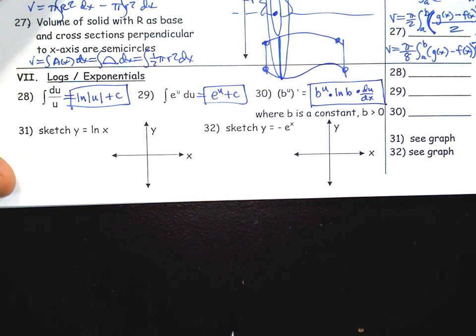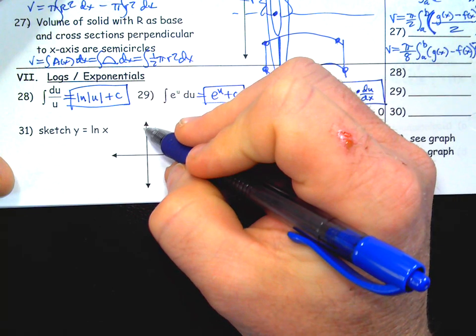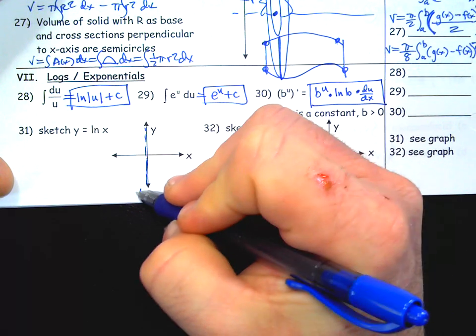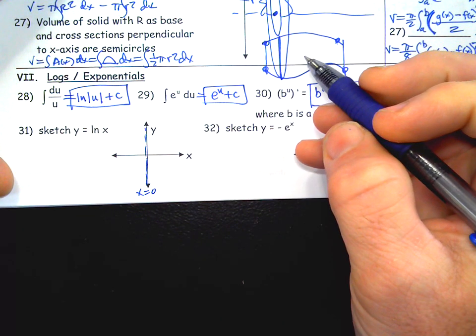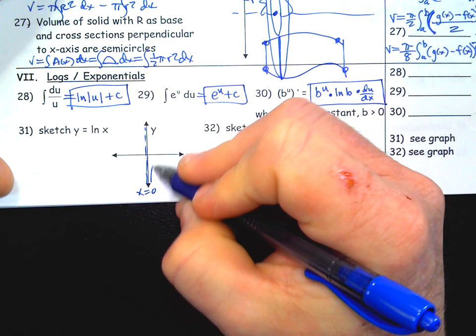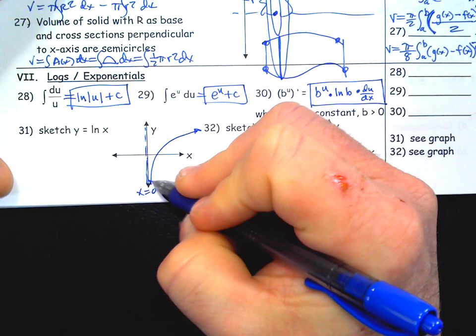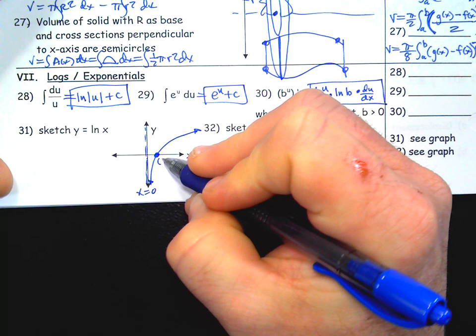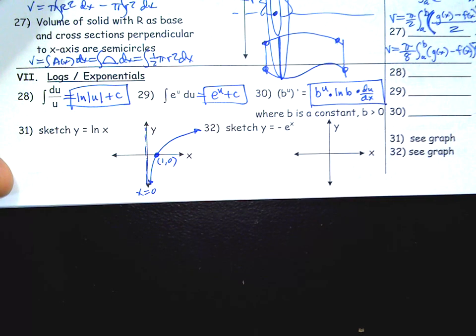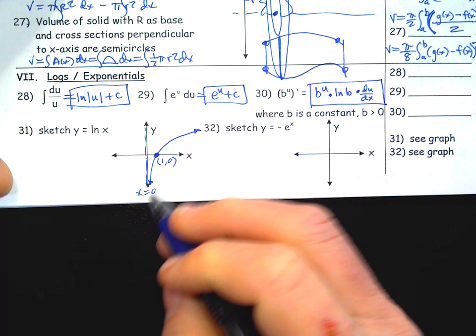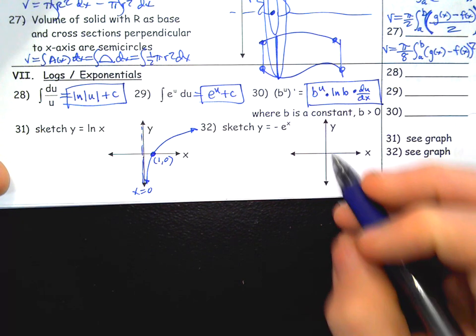31 says sketch a natural log function. I want all the important things. I want vertical asymptotes. I want it to look right. I want any x or y intercepts labeled on it. So I need the vertical asymptote labeled and the x-intercept labeled. Sketch negative e to the x.